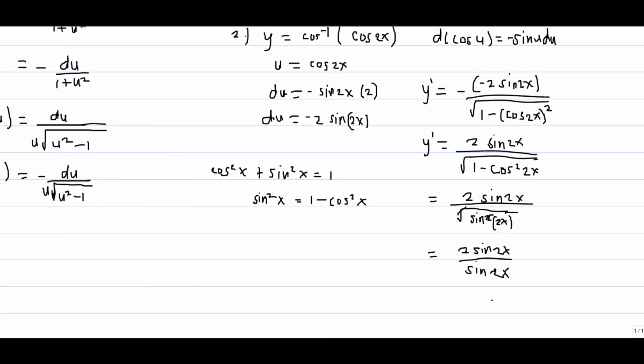So to finalize, the first derivative is equal to, after canceling these out, 2. So that is the final answer.